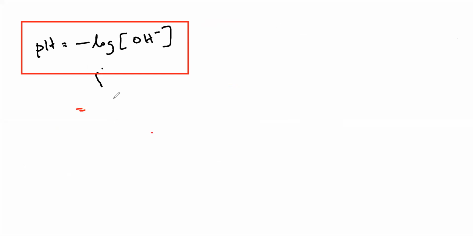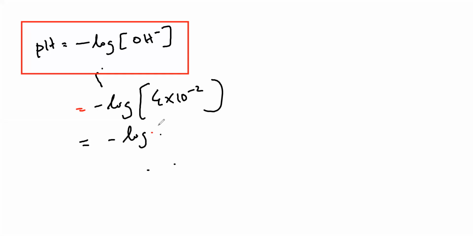And minus log OH minus, so 4 into 10 power minus 2. So this is again log A plus log B. That's it. Minus log of, minus I'll put here, log A plus log B. Same thing only. Log of 10 power minus 2.